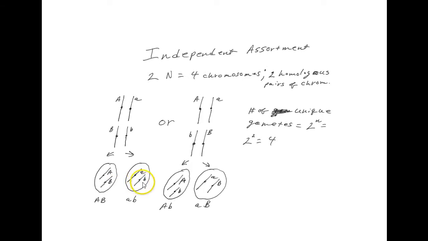chromosomes. Okay? Or, just because dominant A lined up on the left, that has no bearing on what's going to happen down here in the B pair.